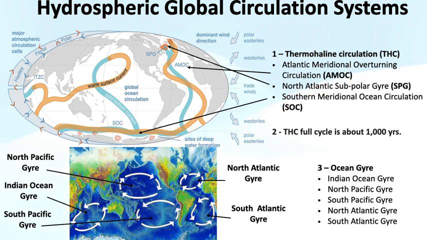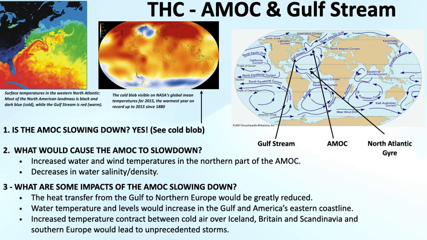And then in addition to that, we also have these gyres, which are more surface-related circular patterns of water. And you can see there are 5 major gyres here. Let me just talk quickly about the AMOC. If you take a look at the graph on the right, you can see the North Atlantic gyre. You also have wind patterns going the same way, and that's where the hot air and things from Africa get blown over the Atlantic Ocean towards the Caribbean Sea and the Gulf.